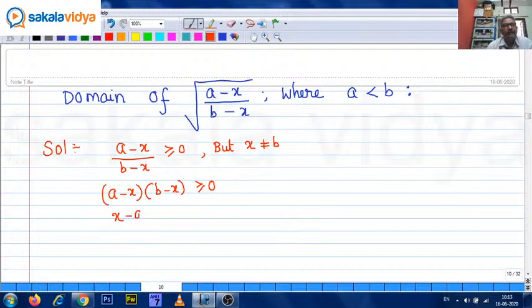X minus a into b minus x will be less than or equal to 0. Directly also we can do.